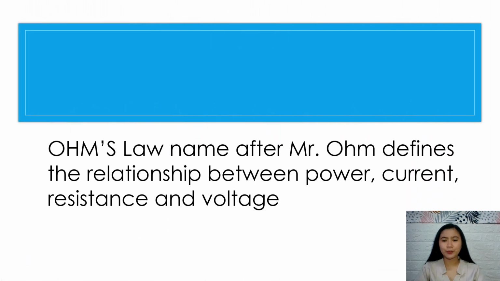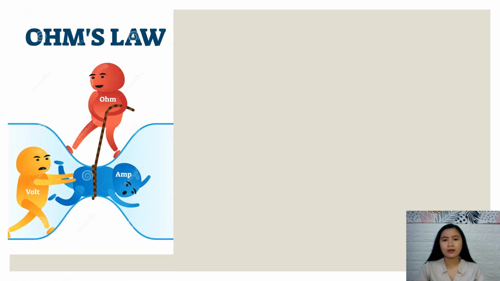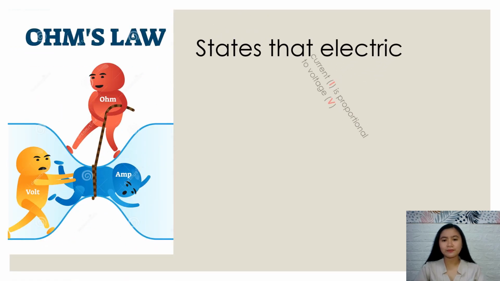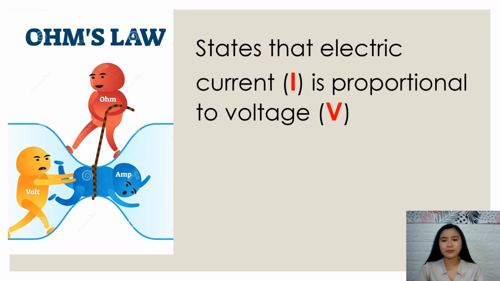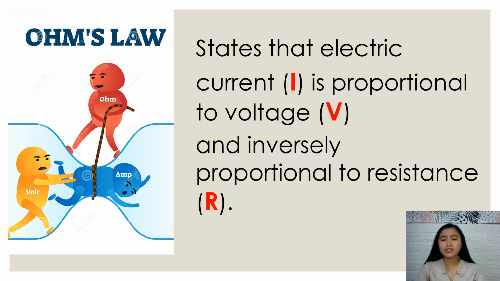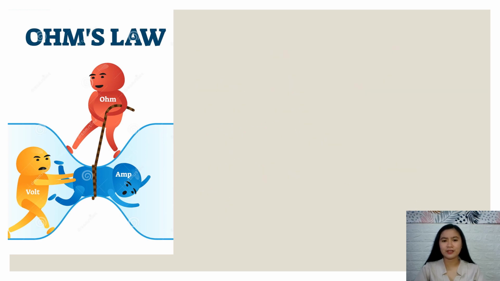Ohm's law, named after Mr. Ohm, defines the relationship between power, current, resistance, and voltage. Ohm's law states that the electric current I is proportional to the voltage and inversely proportional to resistance.